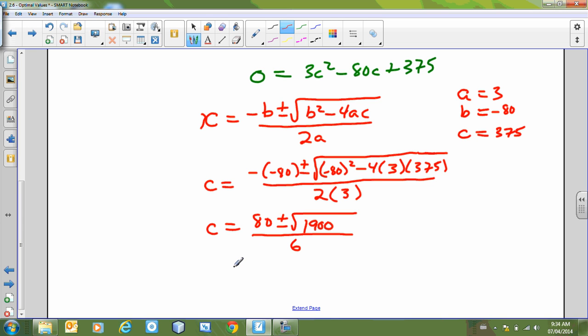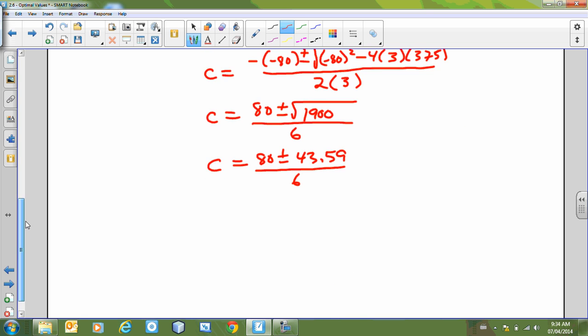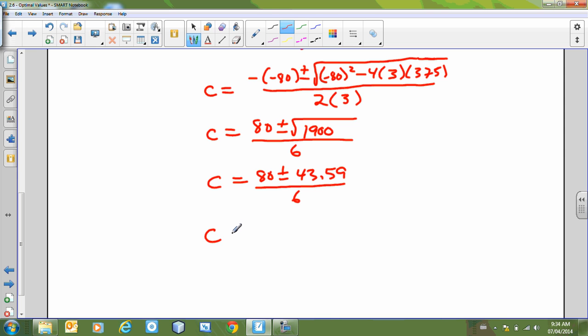Take the square root of 1900 and we get a bit of a messy answer, 43.59, divided by 6. And so C is either the addition here or the subtraction.